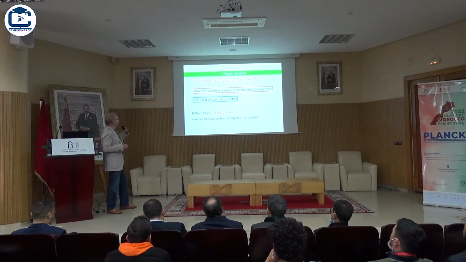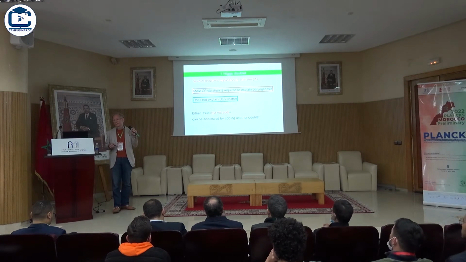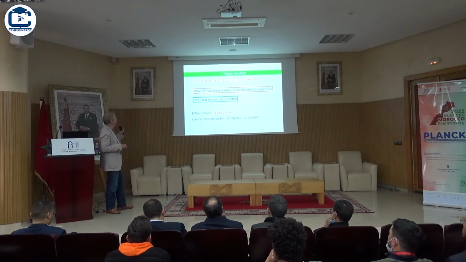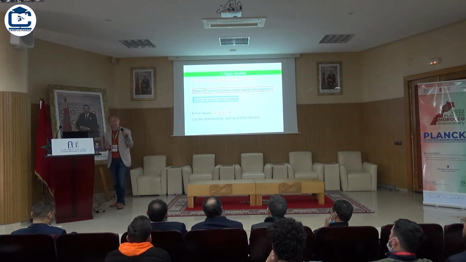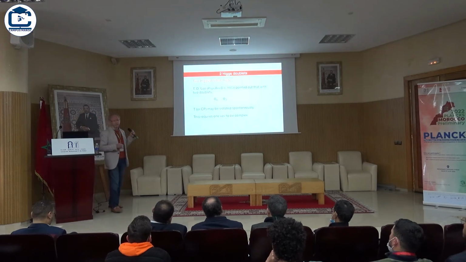It is known from various experiments that there is a lot of matter in the universe which is invisible. It does not interact with photons. And either of these 2 problems can be solved by adding another doublet, but not both of them. So I'll then switch over to 2 doublets.